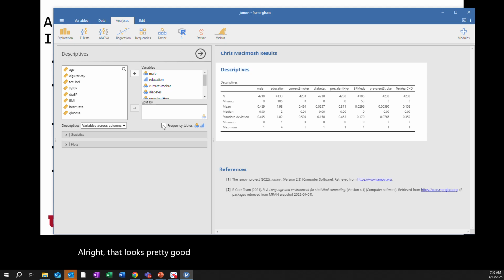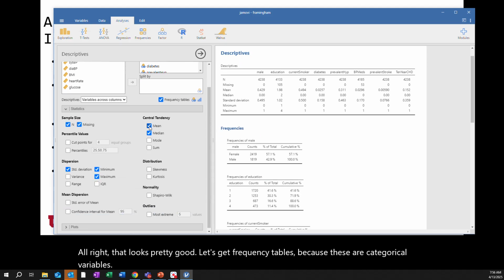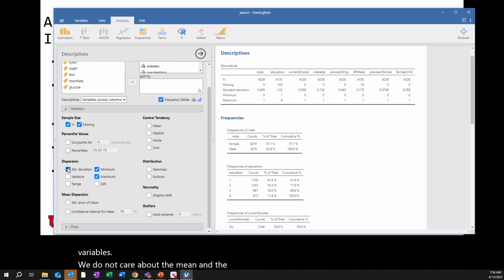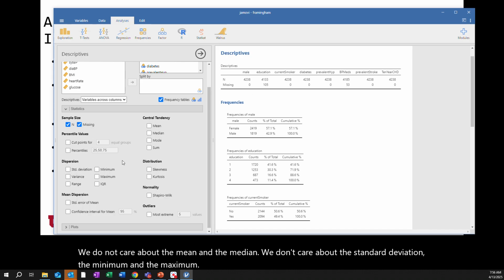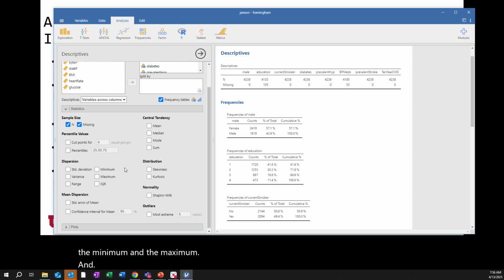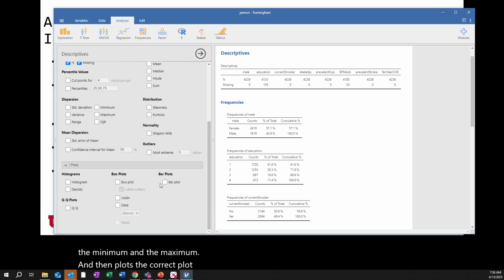Let's get frequency tables because these are categorical variables. We do not care about the mean and the median. We don't care about the standard deviation, the minimum and the maximum. And then plots. The correct plot for categorical variables is a bar plot.